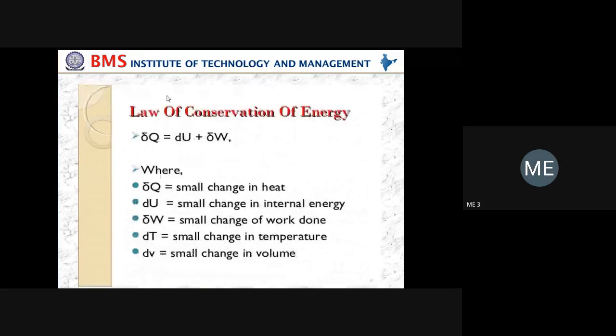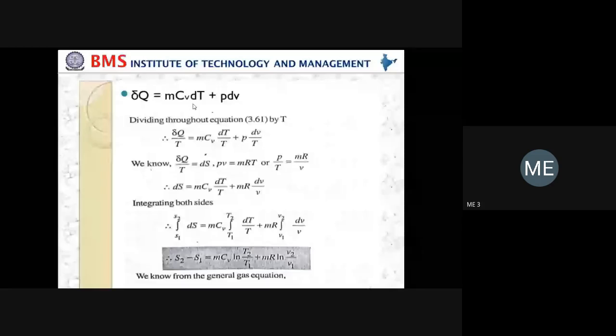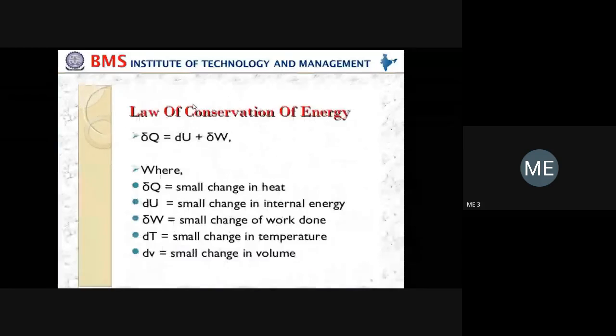So dQ you write as it is, dU is m Cv dT plus dW. Already we studied in the first law of thermodynamics that dW is P dV. So just replace dU by m Cv dT, and dW, that is work done, is given by P into dV.